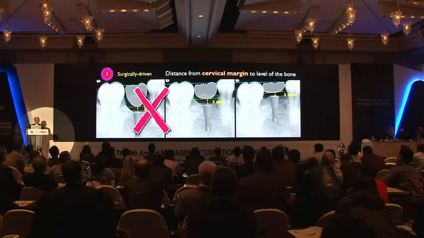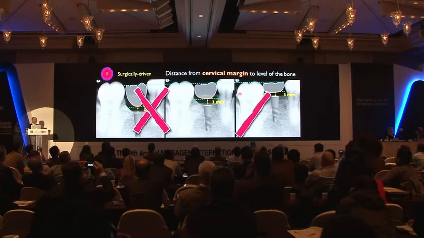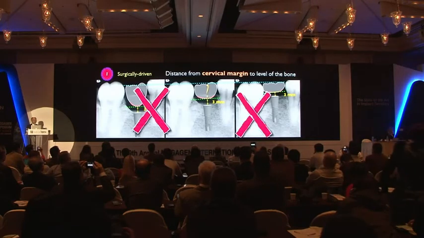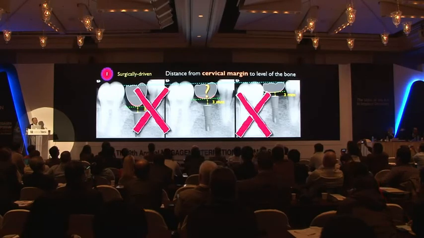And I think the patient will not appreciate a long crown or short crown like this. So what they really want is probably something in the middle. But think about how to produce a crown like this.